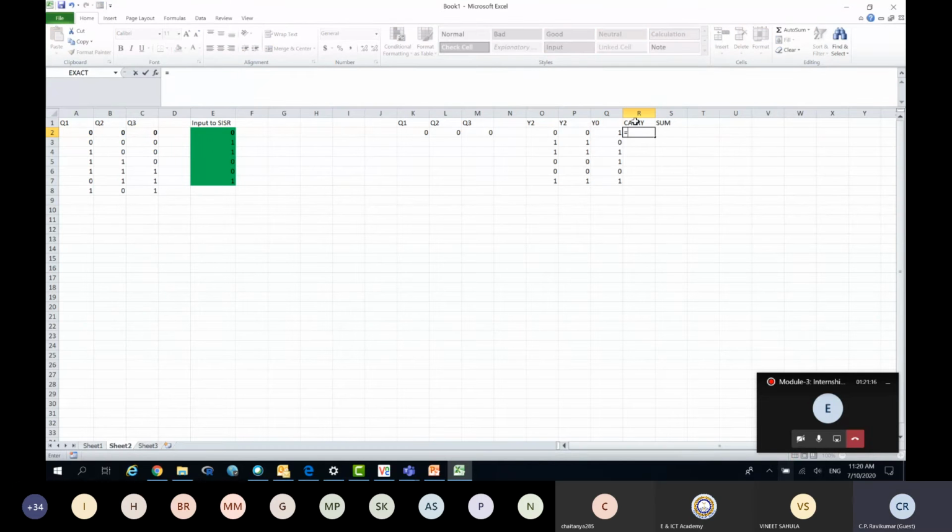So the sum is A XOR B XOR C, and the carry will be AB plus BC plus AC. So OR of AND of these two guys, AND of these two guys.